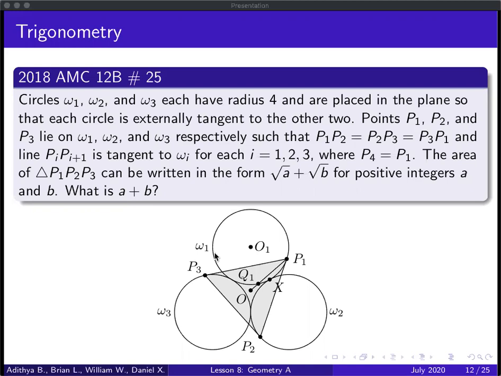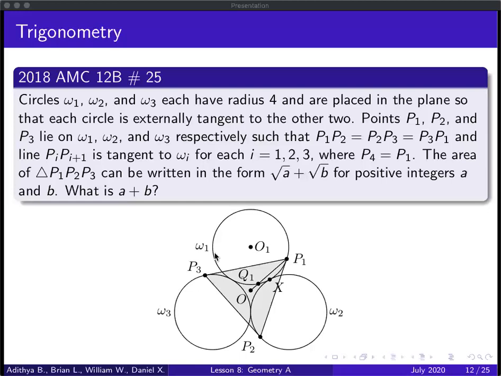And so what we're going to do is we've marked X as the point of tangency between omega 1 and omega 2. If we draw the line OX, OX will be a tangent.